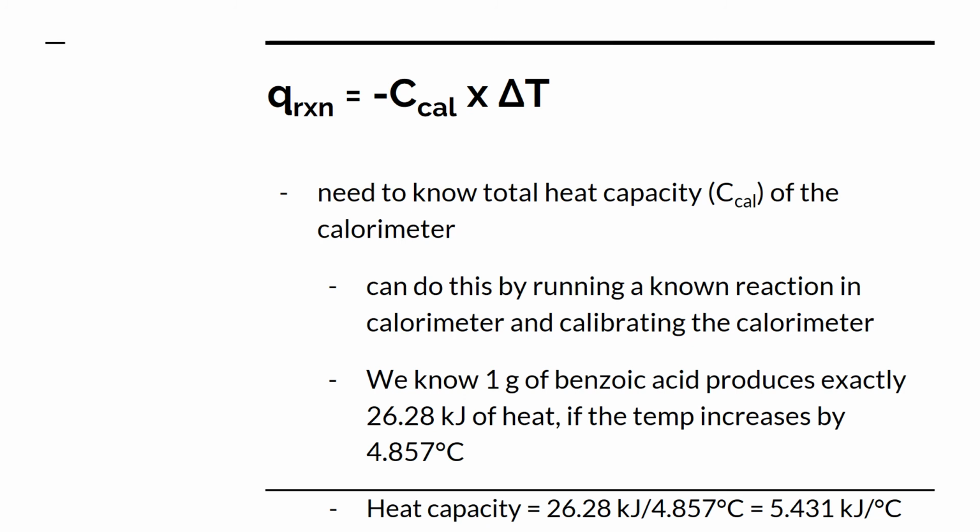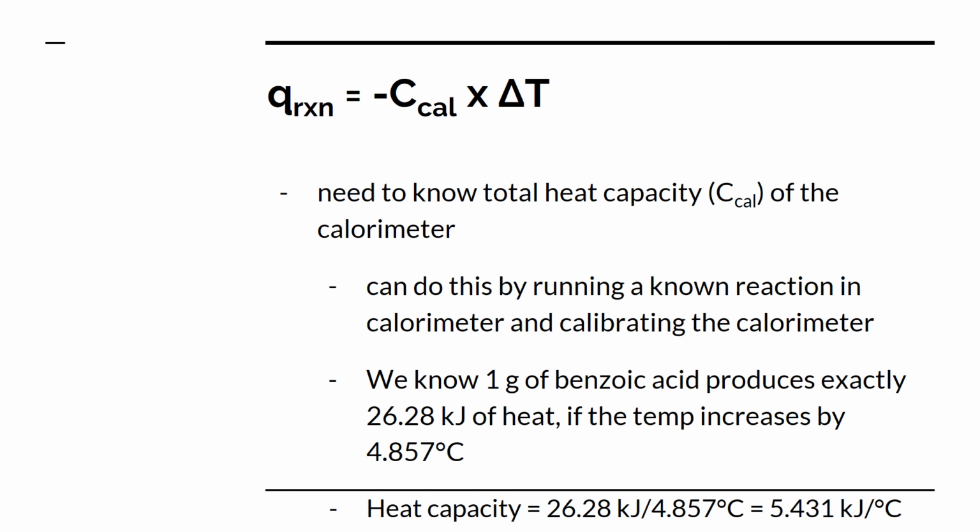These values have already been calculated, a lot of them, and they have to calibrate the calorimeter. So if we know that 1 gram of benzoic acid produces exactly 26.28 kilojoules of heat, if the temperature increases by this much, you can find your heat capacity by dividing those two numbers and you get 5.431.